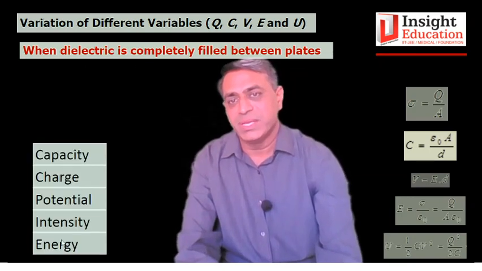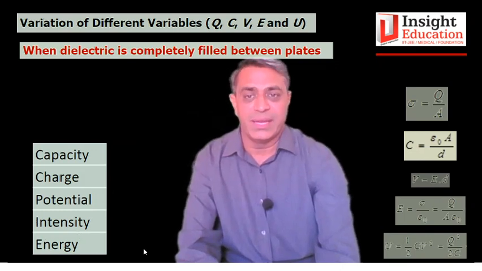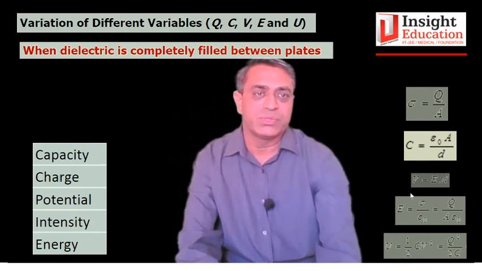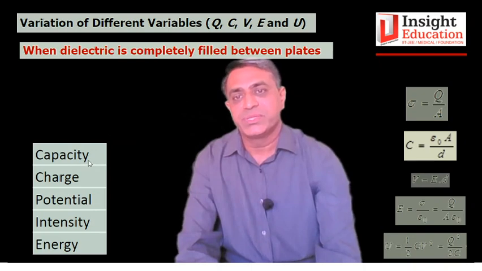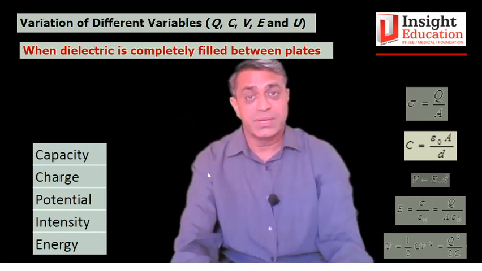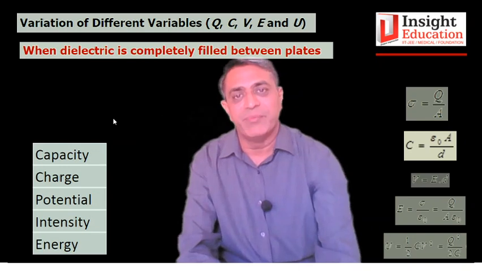Now you can see the various parameters: capacitance, charge, potential, intensity, energy. We have already derived all these relations, so we know them. Now we want to understand the effect of the dielectric on these parameters. Again there are two options: the capacitor may be connected to the battery or not connected.